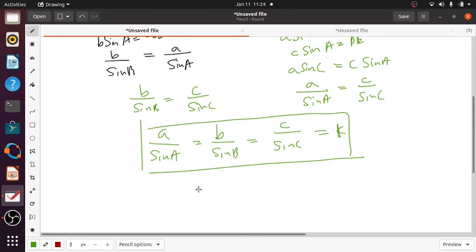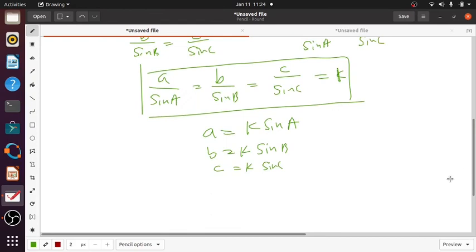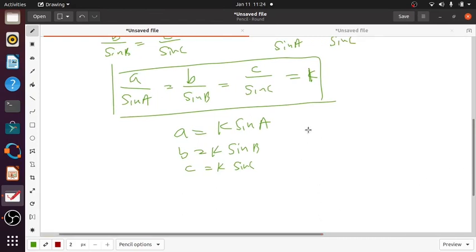So suppose in a problem based on a triangle, you can write a as k sine A, b as k times sine B, c as k times sine C. So when you write it in this way, a plus b plus c can be written as k times sine A plus sine B plus sine C, right?